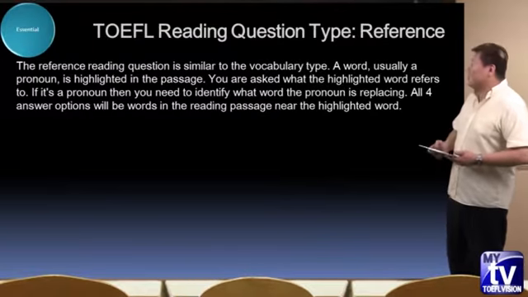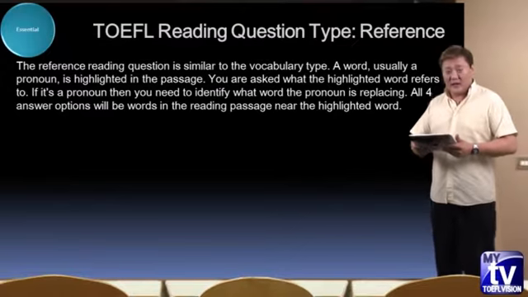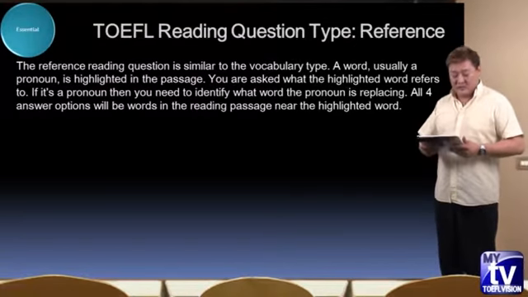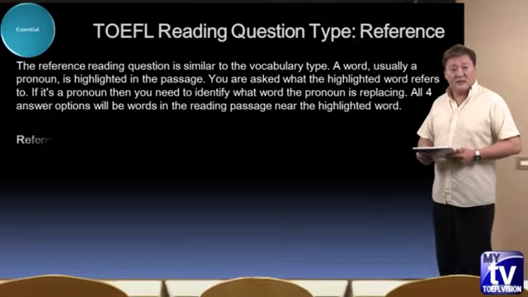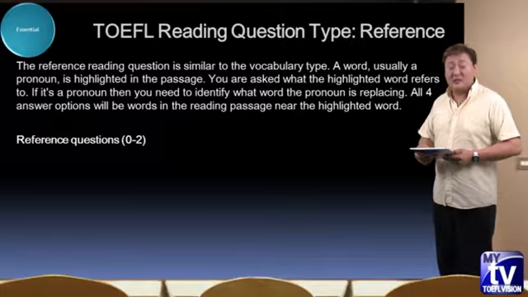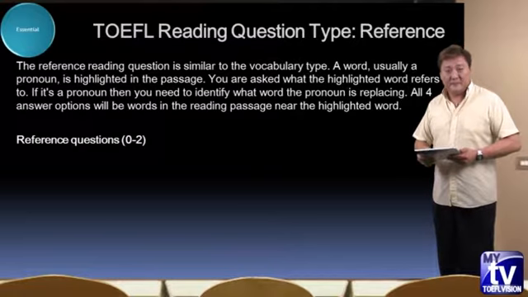Now in the TOEFL iBT reading section, you will actually have about 1 or 2 of these inside each passage, so you can have 3 to 6 of them, possibly.